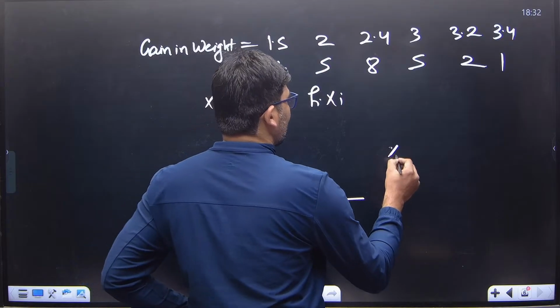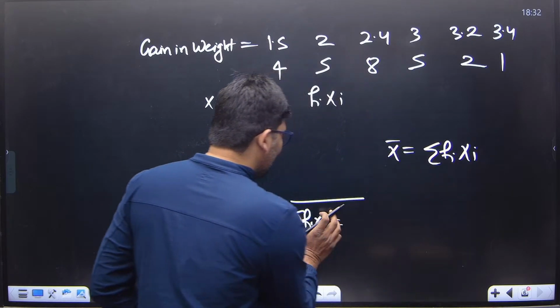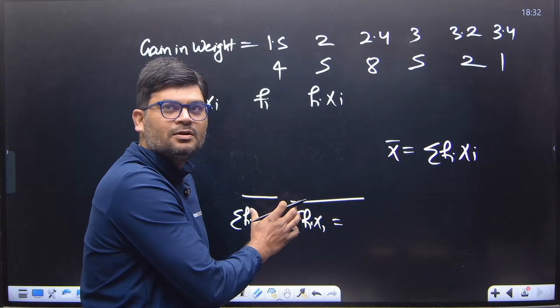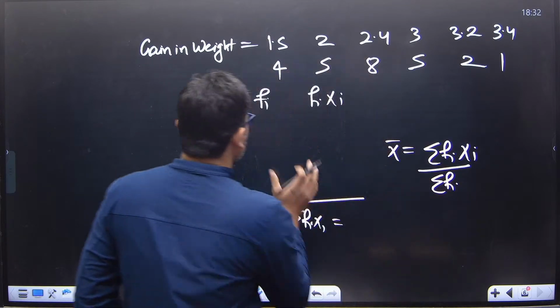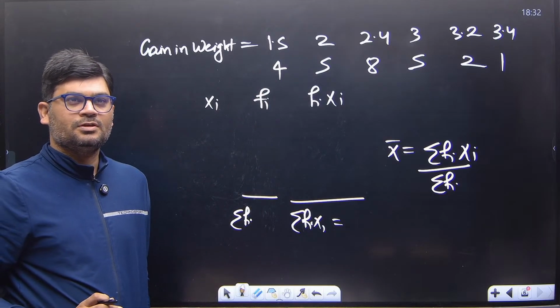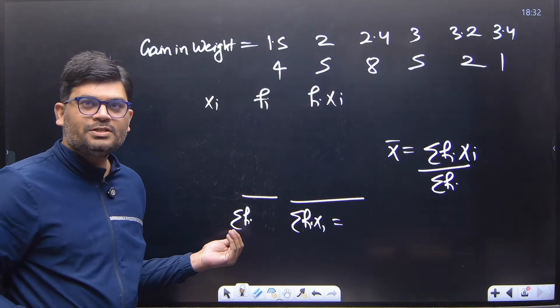Now mean is calculated using the formula: sum of all observations divided by total number of observations. Can you find that this is the sum of all observations? And the total number of observations is the frequency total.